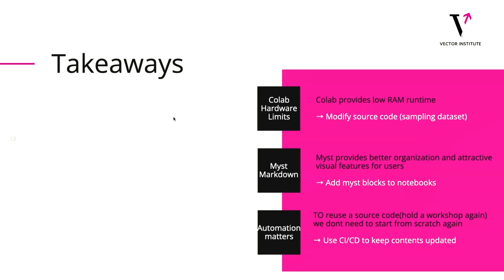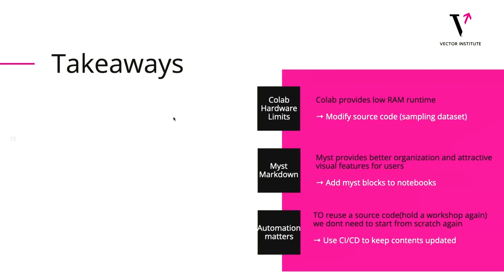The takeaway that I had from this project was that the Colab hardware has limitations, and to compensate for that, we had to modify the source code a bit so that it doesn't have any dependencies on the size of the data set that you use.